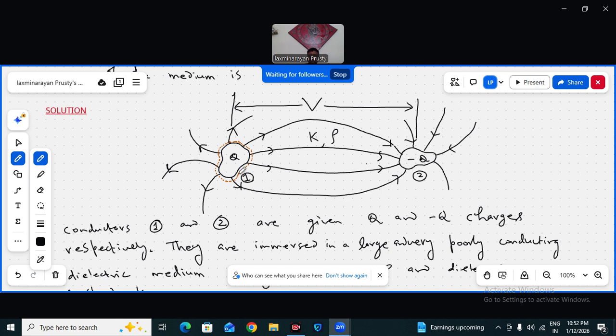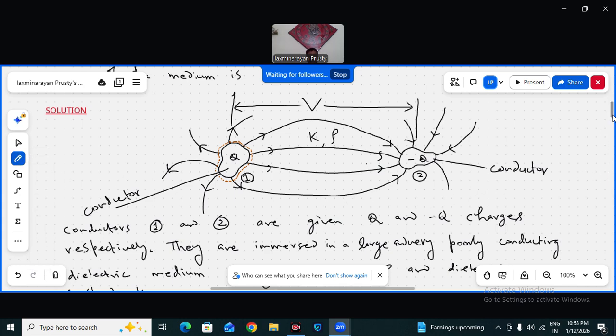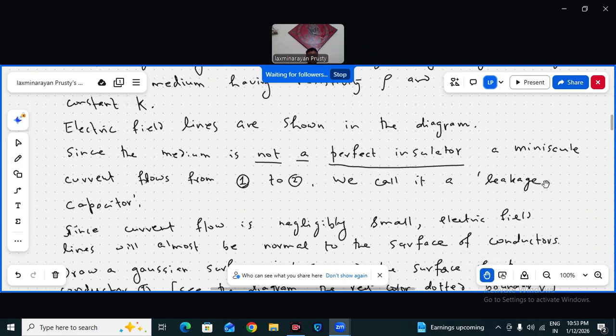This is also a conductor. This is 1 and this is 2. They are given charges Q and minus Q respectively, as you can see.